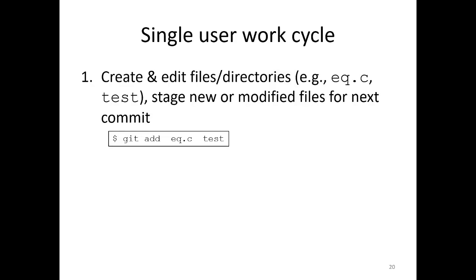Okay, so the single user work item cycle: create and edit files and directories, for instance here a file eq.c, a directory test, and stage new or modified files for the next commit. So that staging is done through the git add command, and you just list all the files and directories which you want to be part of the next commit.